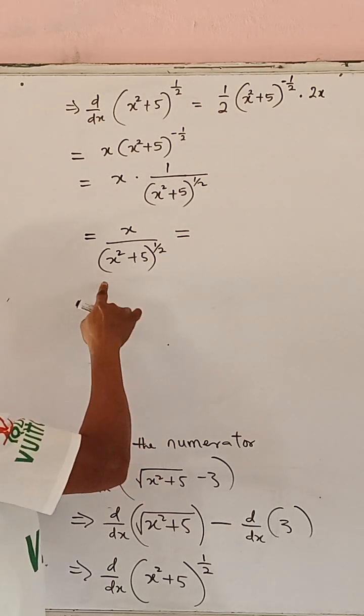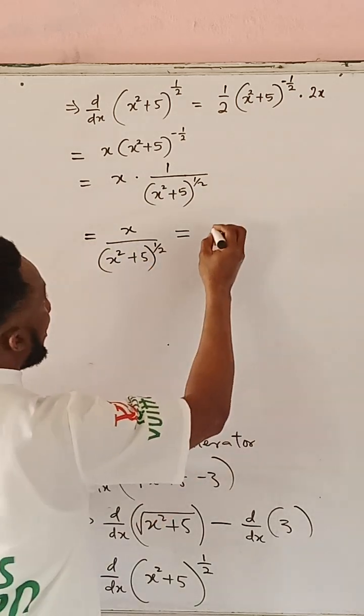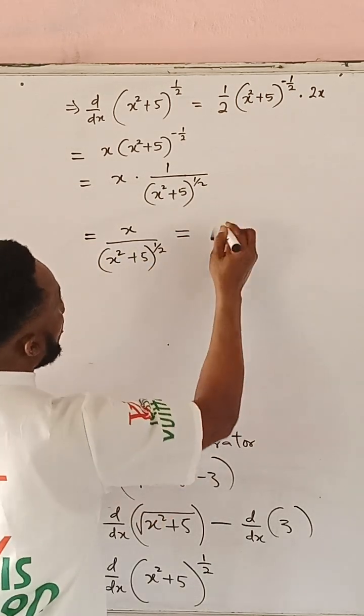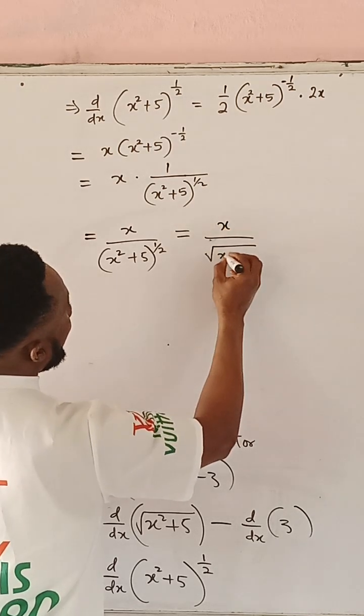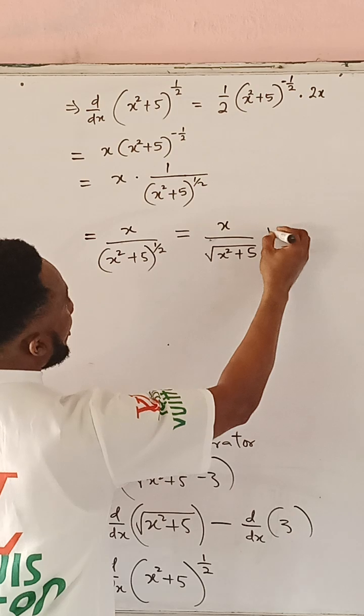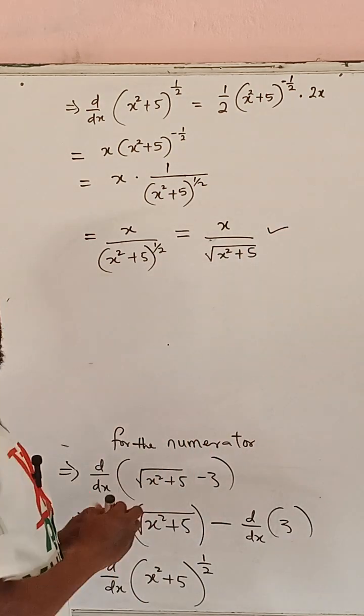And if you have a number, a variable, or an expression raised to the power of half, it means the square root of that very expression. So I can write this as x upon the square root of x squared plus 5. So this is the differential value of the numerator.